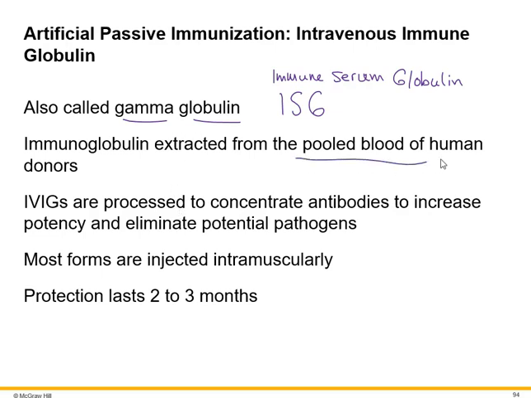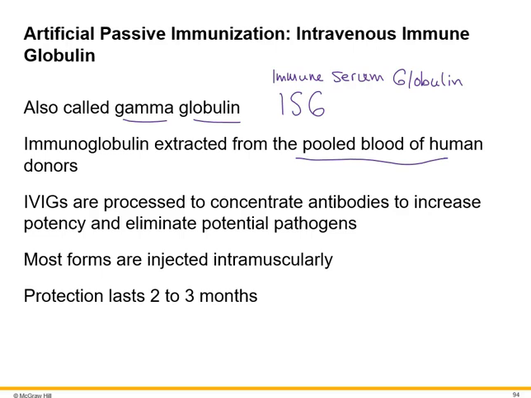But it's extracted from a pool of human donors from a particular area, and they will give this to military personnel that are being deployed, because they may not have been exposed to the potential pathogens that they're going to be exposed to. They don't have any immunity, and that can be a mission aborting kind of thing if you get all these people sick.